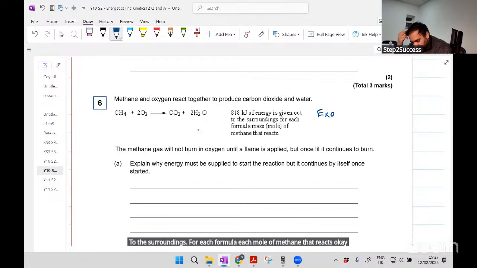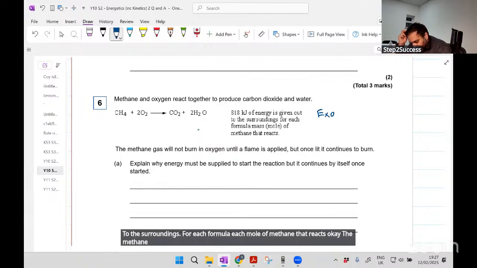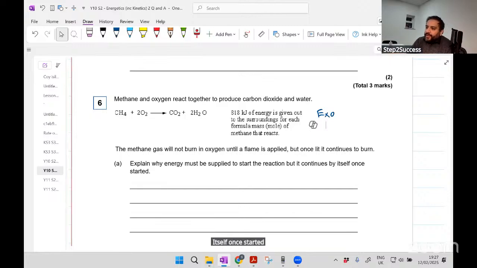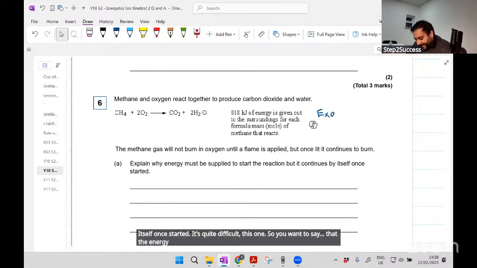Okay. The methane gas will not burn in oxygen until a flame is applied, but once lit, it continues to burn. Explain why energy must be supplied at the start, but it continues itself once started. Well, it's quite difficult, this one. So you want to say that the energy that's supplied at the beginning is essentially the activation energy.